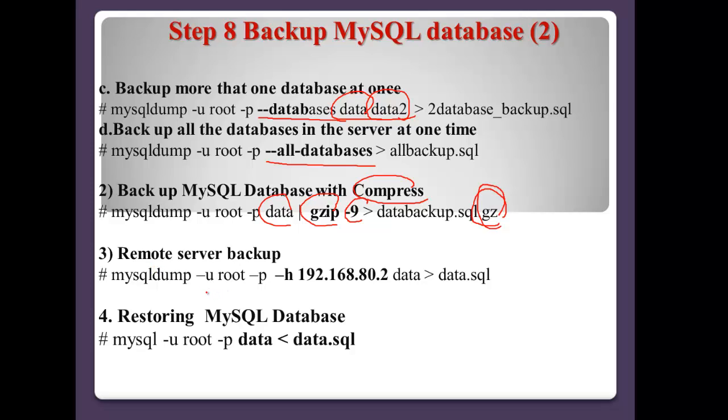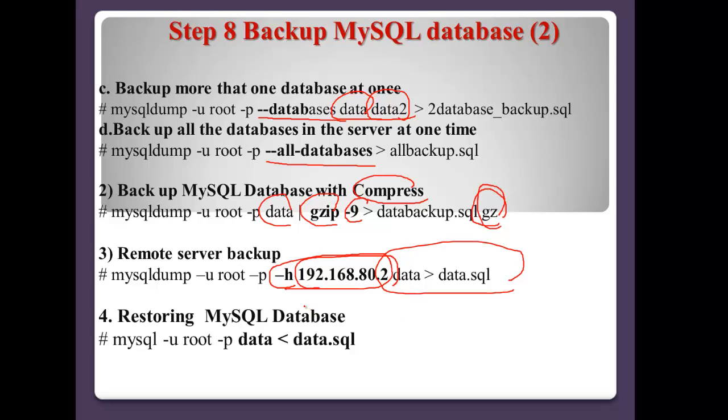If we want to back up from a remote server, in this case, we can use this kind of option -h. So here 192.168.82 will be the MySQL database server in the remote. Then we can back up this database to our local system.